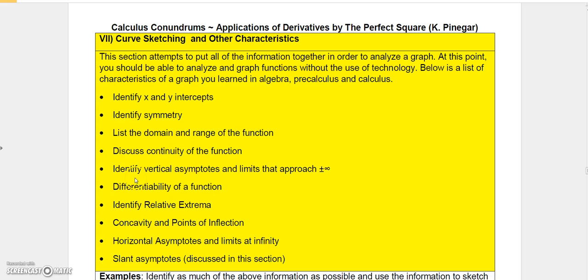Most of this is algebra. Vertical asymptotes and horizontal asymptotes are sort of a bridge between calculus and algebra. But when you get into differentiability, extrema, concavity, and certain things like slant asymptotes, then we're talking calculus.